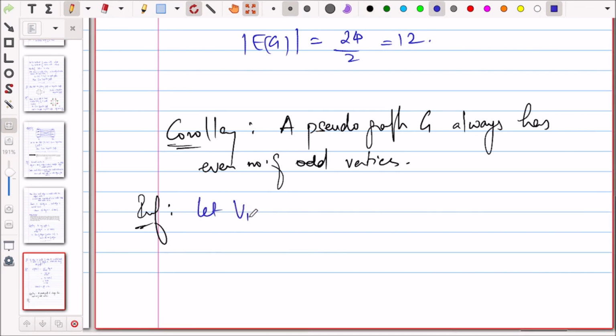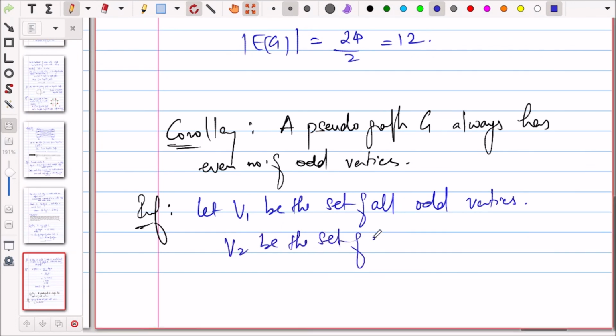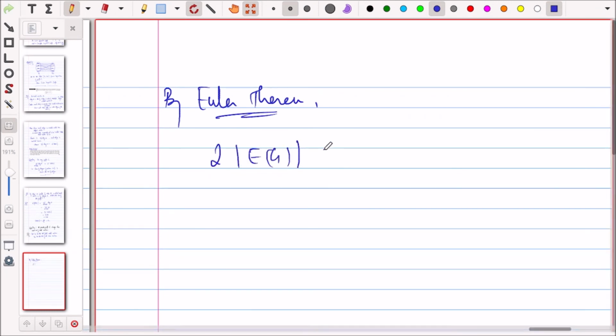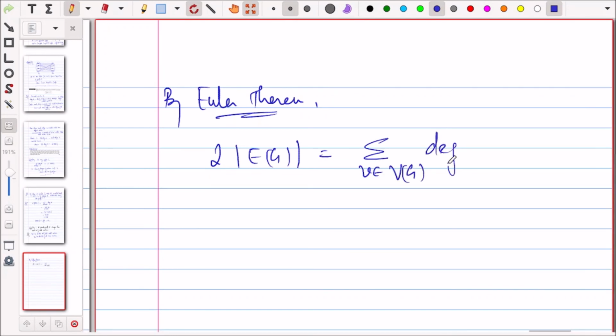Let V1 be the set of all odd vertices and V2 be the set of all even vertices, right? Now by Euler's theorem, twice the number of edges is equal to summation V belonging to VG degree of V, right?